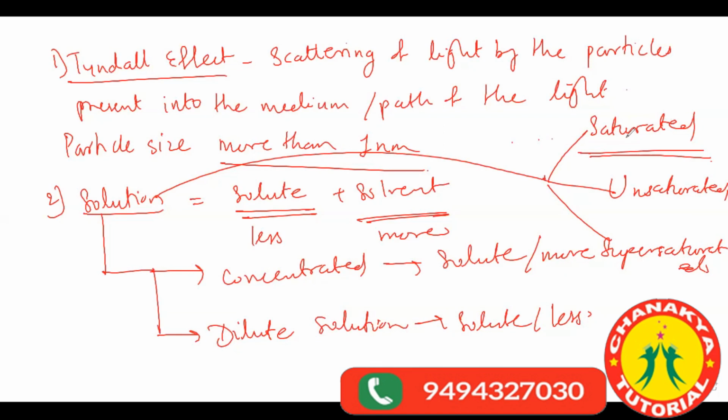And when more solute can be dissolved at a given temperature, that time it is an unsaturated solution. And supersaturated means when the amount of solute present in the solution is more than its saturation level, it is called a supersaturated solution. Clear? Clear, ma'am.